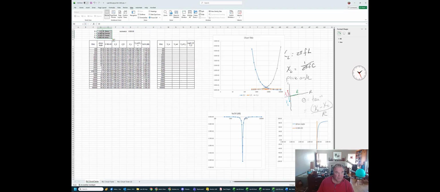At some point, you're going to type in the values for your data. Remember, you're supposed to record that. And first thing we're going to do is calculate the resonance frequency.